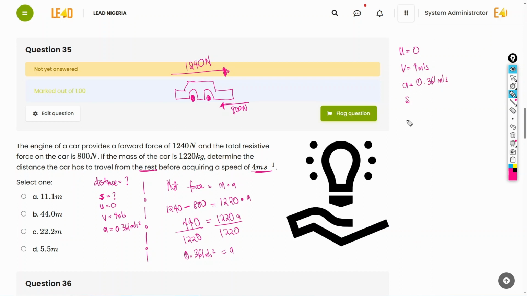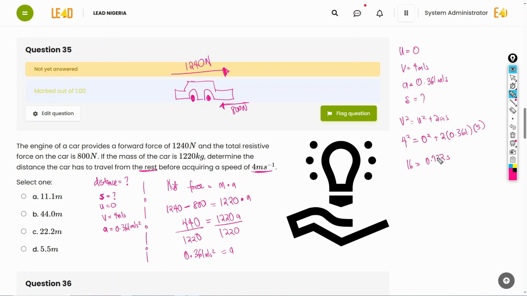So the equation of motion that works with all of this, right, is V squared is equal to U squared plus 2AS. So V squared, 4 squared, is equal to 0 squared plus 2 times 0.361 times S. All right, so that means that 16 is equal to 0.722S.